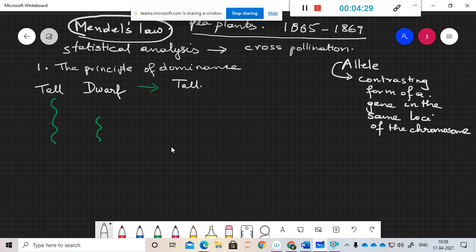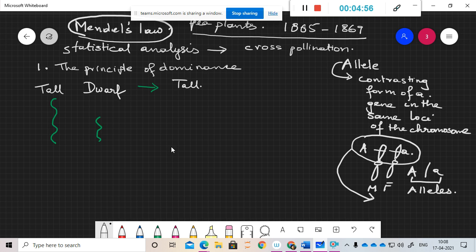So if I draw a chromosome, this one is obtained from your mother, this one is obtained from your father. So allele over here, this is, say, capital A, and this is small a. So A and a, they are alleles of each other.